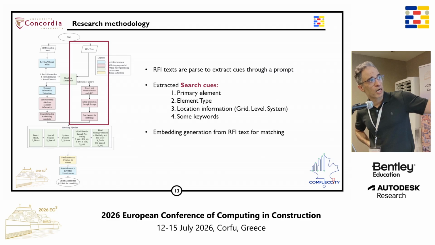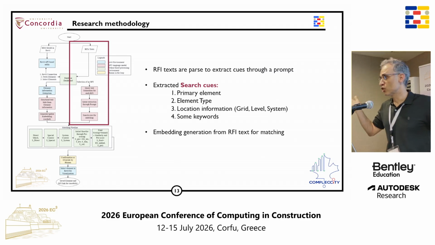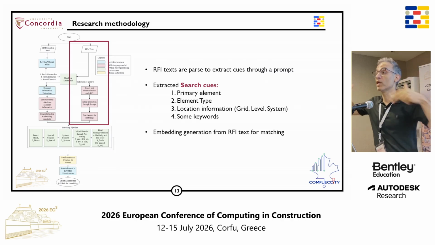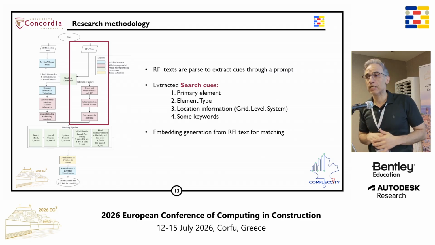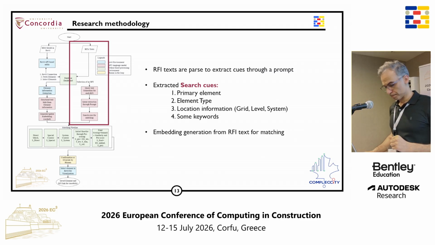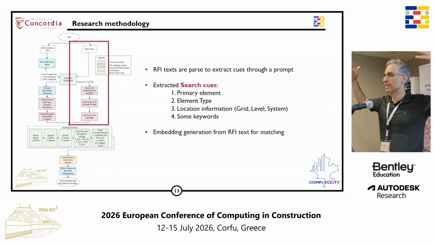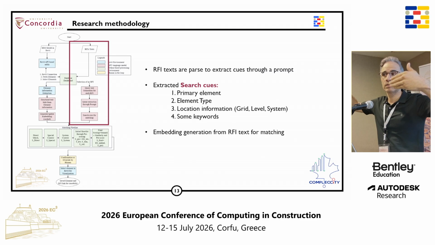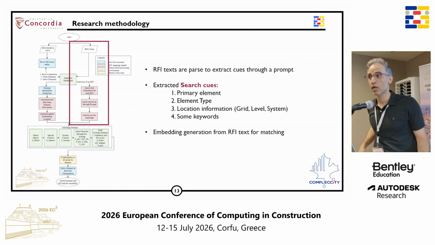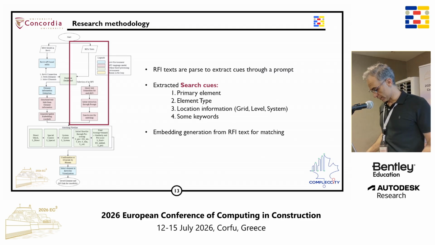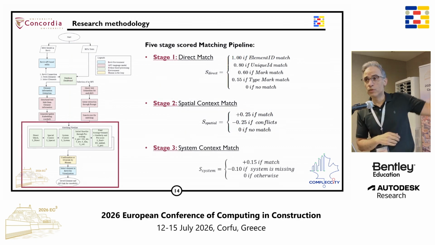What's the element type? Any locational context or any proxies that we can know where the element or whatever query in the RFI is referring to. And the fourth one is some important keywords. And these two embeddings then are used in a semantic vector space to calculate the matching between each element and the RFI that we have at hand through this procedure.